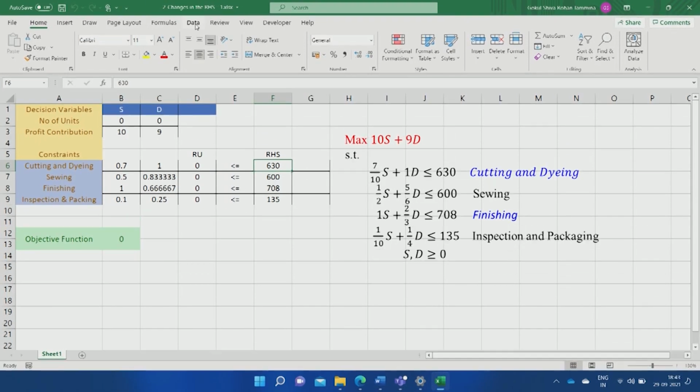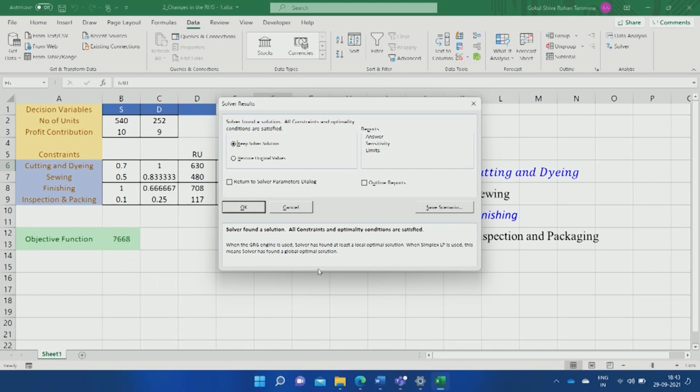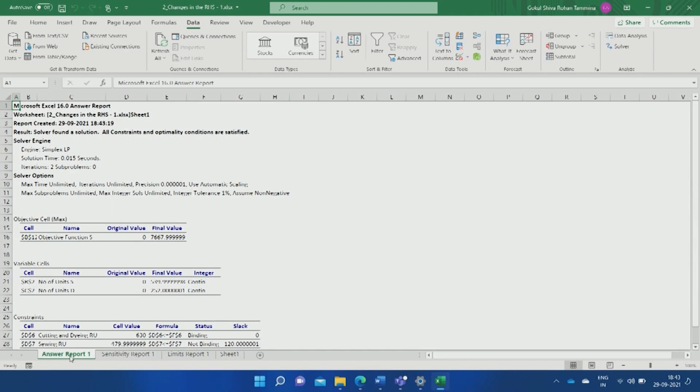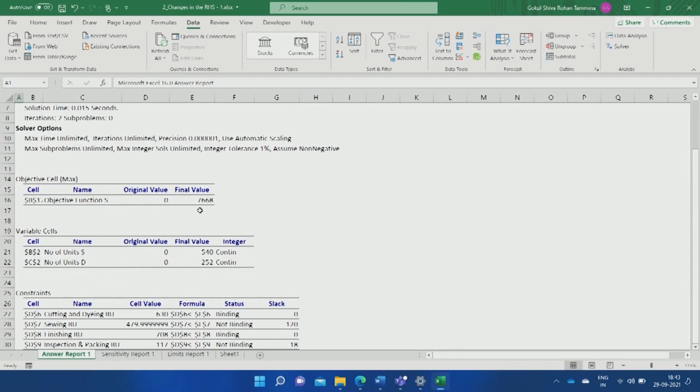So, go to Data, go to Solver. When I solve it, I got this, you see there is an Answer and Sensitivity and Limits report. Press OK.